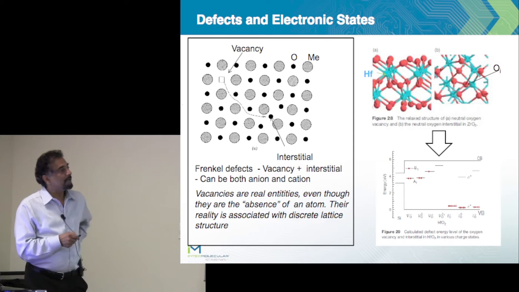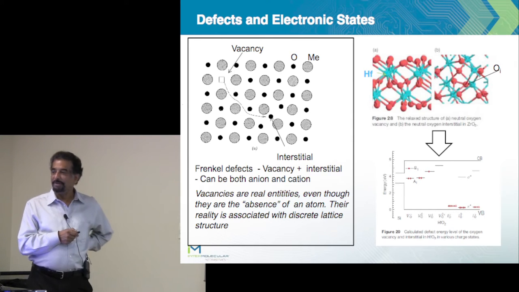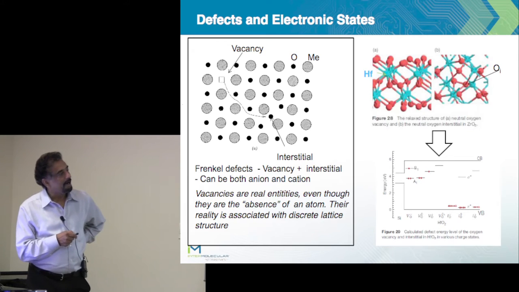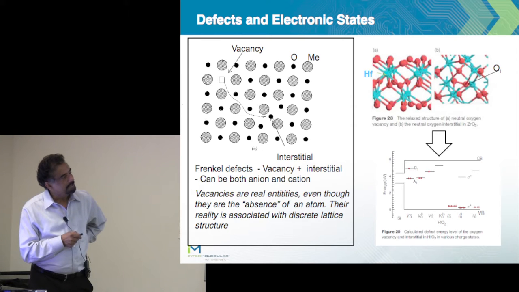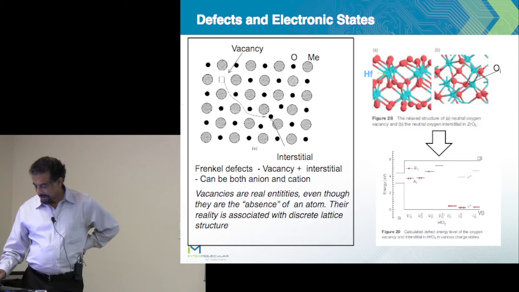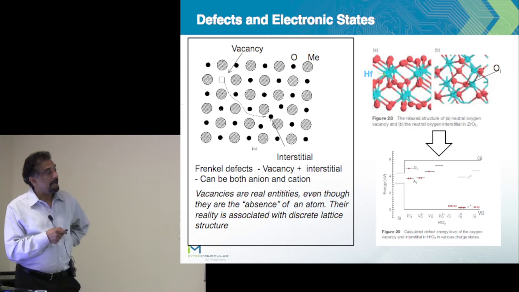So here, for example, in a hafnium oxide, this was a two-dimensional, this is a three-dimensional figure, and I always have a hard time with it. These are the hafnium and oxygen atoms, there is an oxygen vacancy here, and there's an extra oxygen interstitial here, and then we can actually do a lot of ab initio simulations.